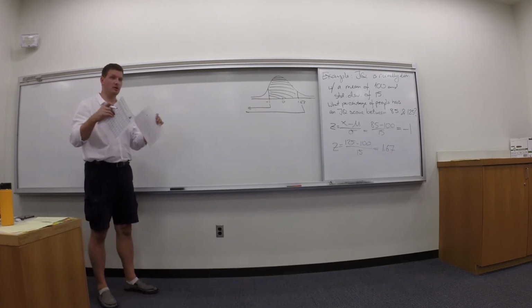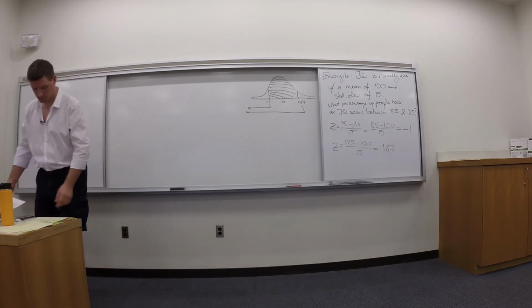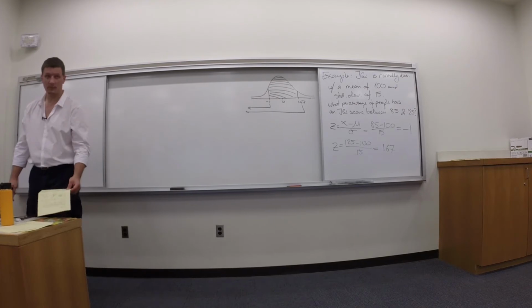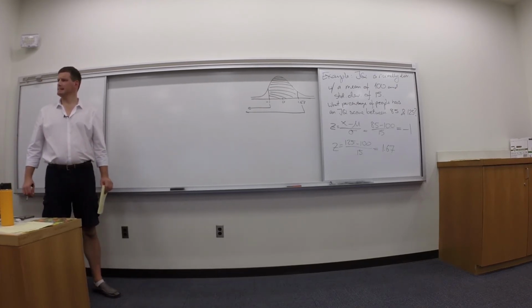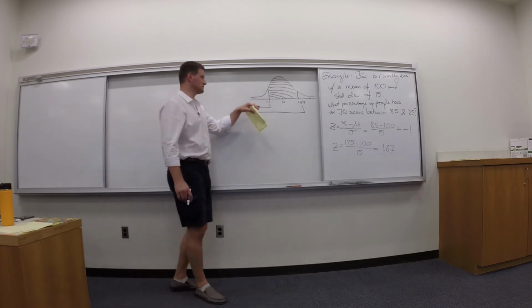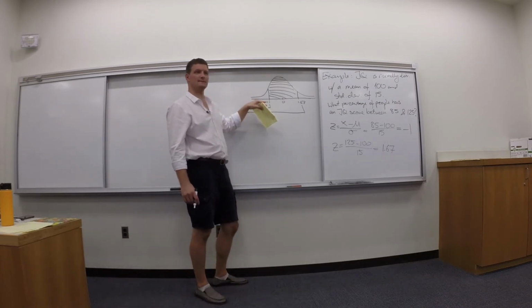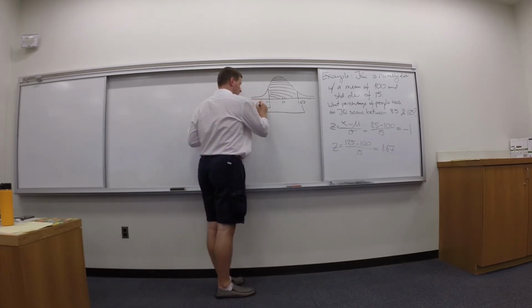Can anybody give me a probability for a z-score of -1? Silence. Seriously? What's the probability associated with z-score of -1? It's 0.1587. 0.1587?